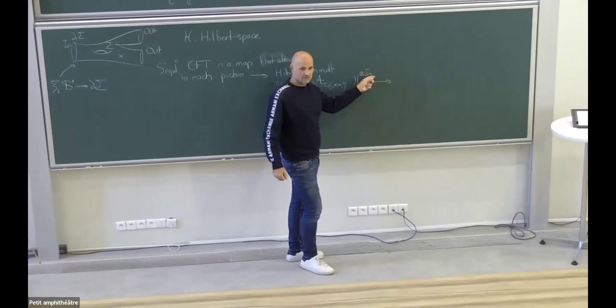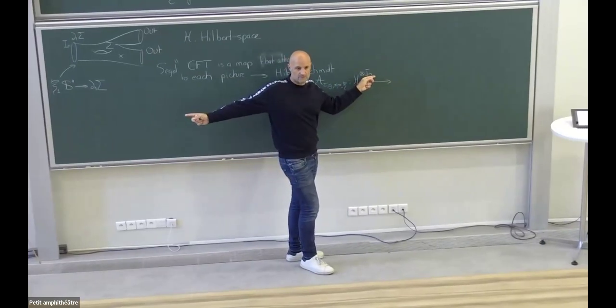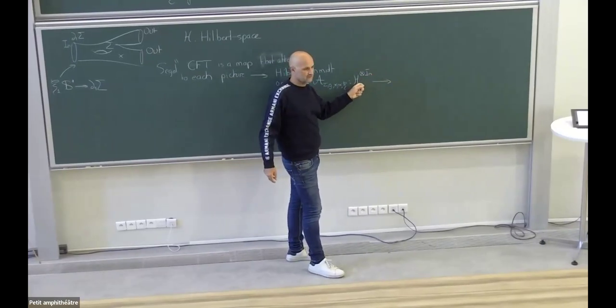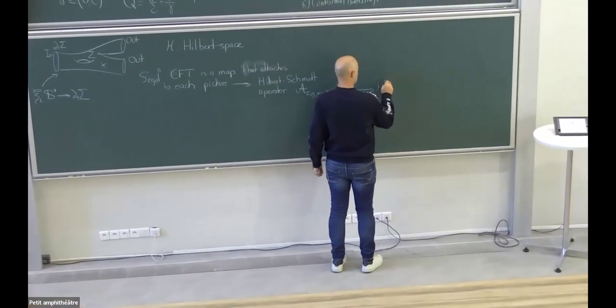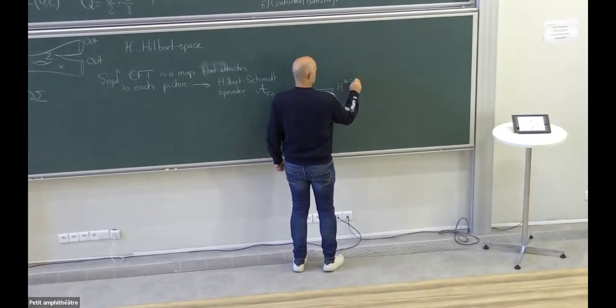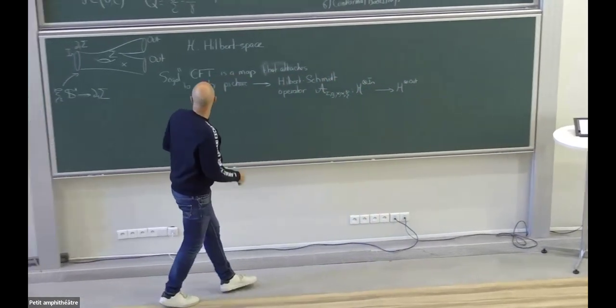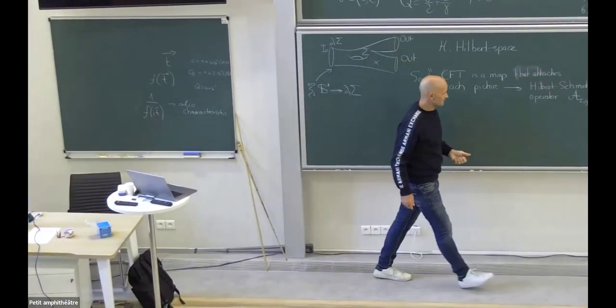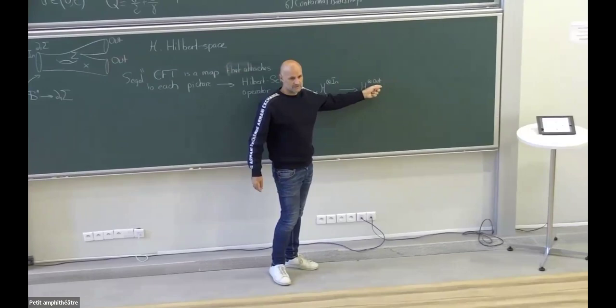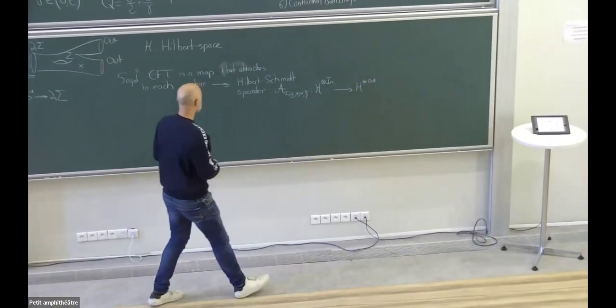Here is the number of in-boundary components. Here it's only one, so you have one copy of H. So it's an operator from H to H tensor out. In this picture you have two out boundary components, so it's H tensor H.